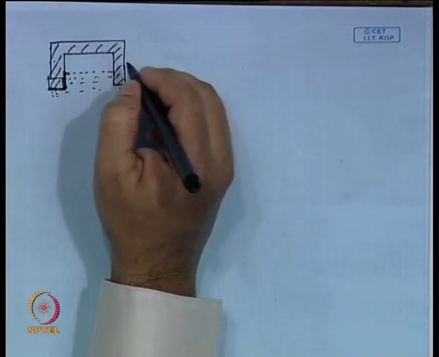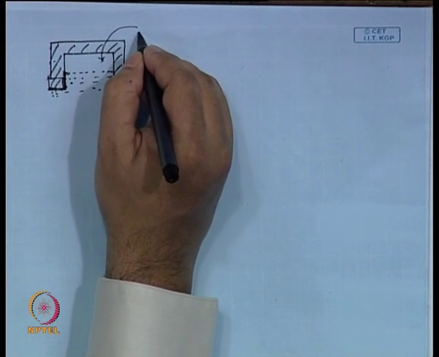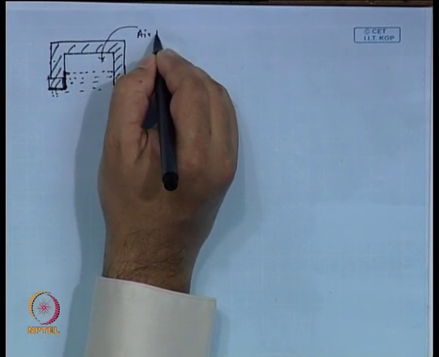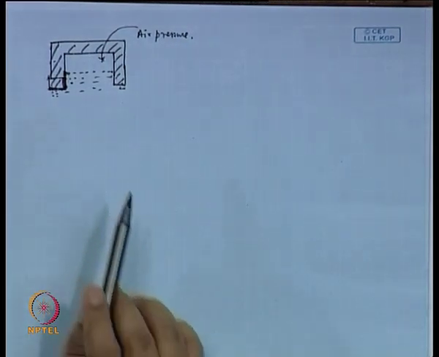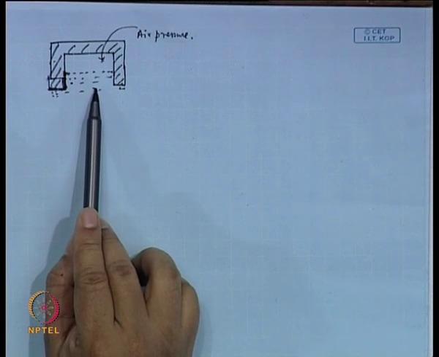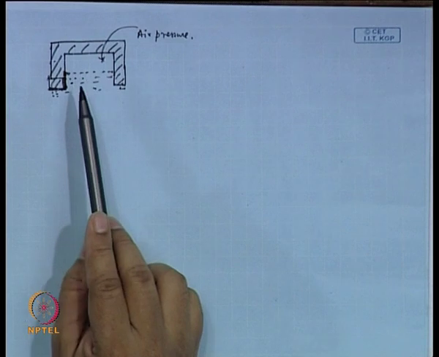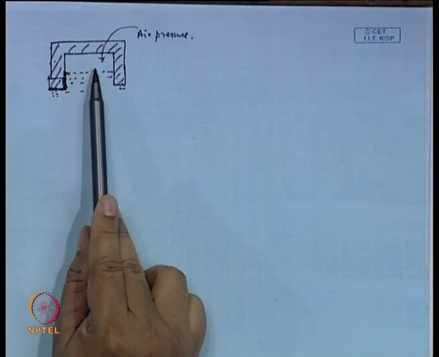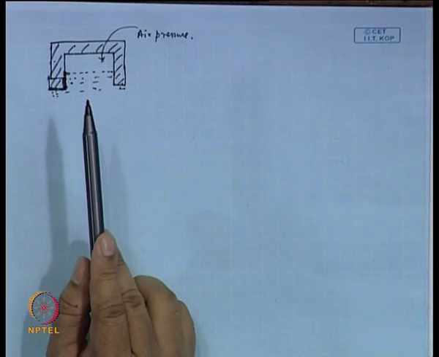However, this air is getting compressed, so you have an air pressure here. By capillary action, liquid will tend to fill this channel. However, by doing that it is compressing the air, because air has no outlet.